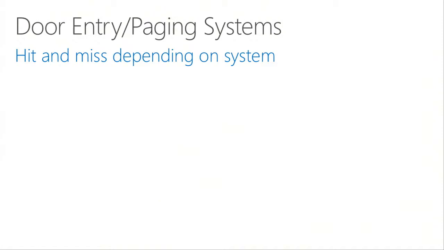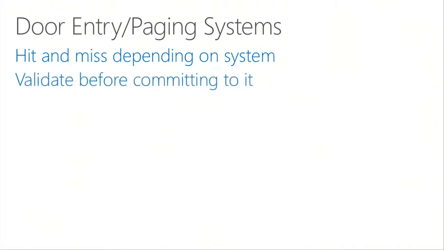There's more support coming. The Snom PA1 can do this in some scenarios, but really validate before you commit to it, because you don't want to tell your IT manager or CIO, yep, I've got door entry and paging systems for Lync, but you haven't looked into it, and there's some things it doesn't quite do properly. It doesn't support the requirements that you have.